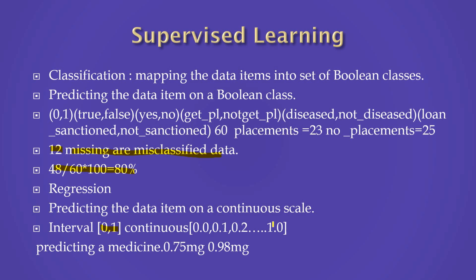So in this particular interval, you are pointing to any one of the continuous values. So predicting a medicine dose, that is 0.57 mg or 0.98 mg, such kind of fraction part you are predicting, then that is called regression. So if you are classifying the data in the form of Boolean or categorical, that is called classification. But whenever you are classifying the data in the form of continuous values, then that is called regression.